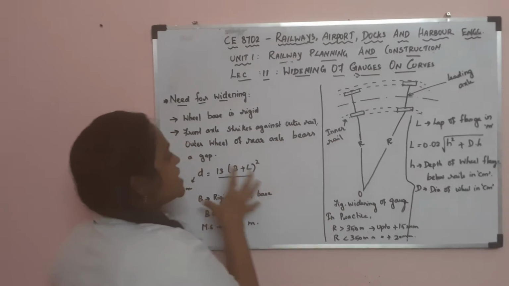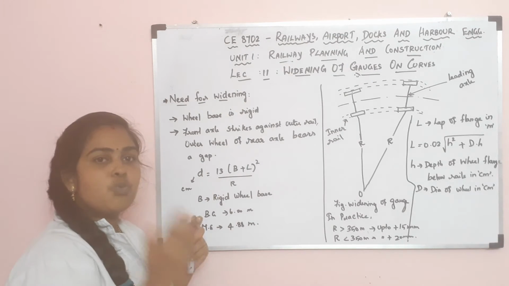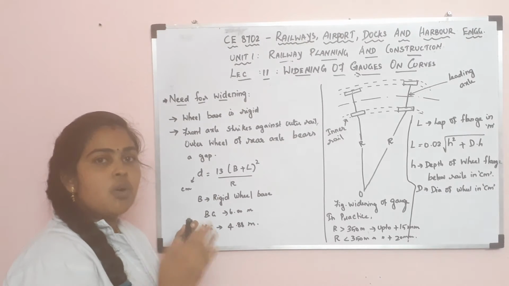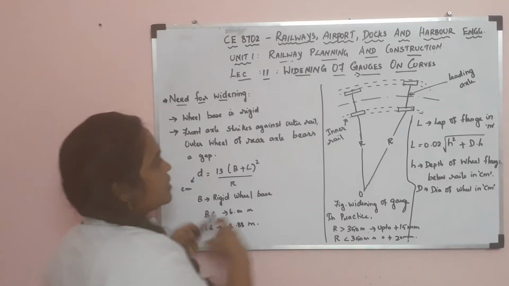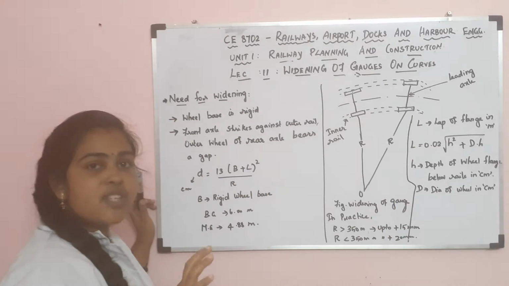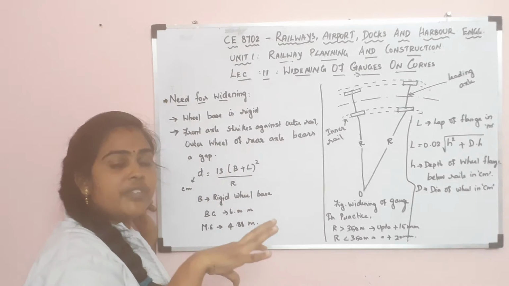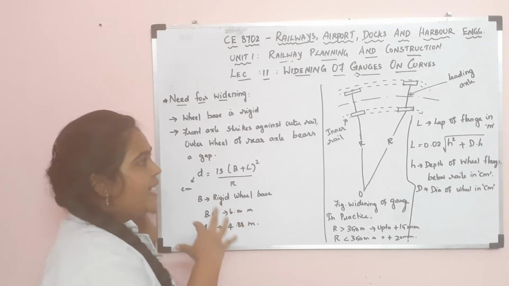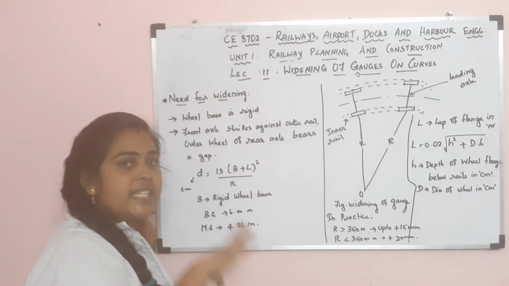So what is the effect of this widening? Due to this widening, what happens is the vehicle is moving on the track and it has to cover a greater circumference on the outer wheel. Due to this widening, the outer wheel has to cover a greater circumference than the inner rail.